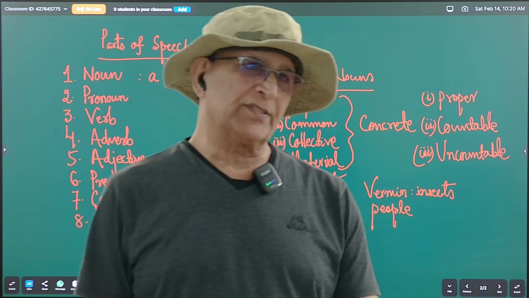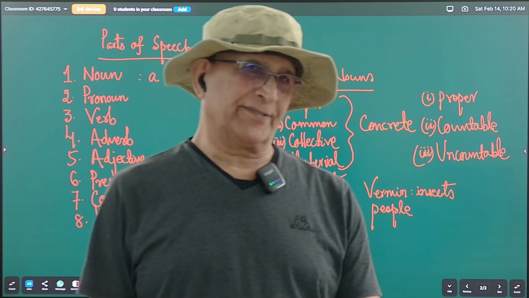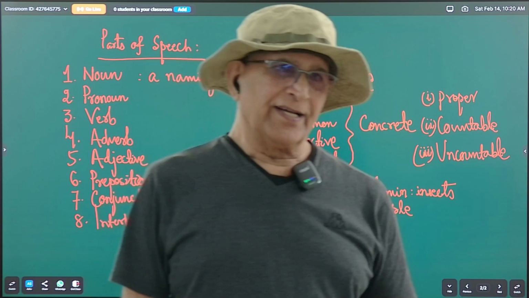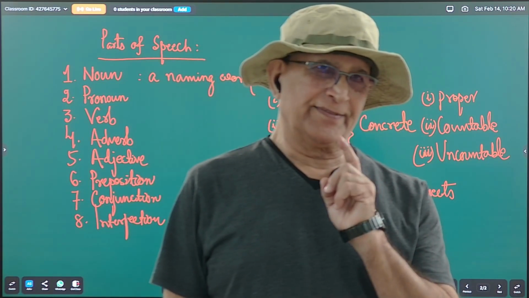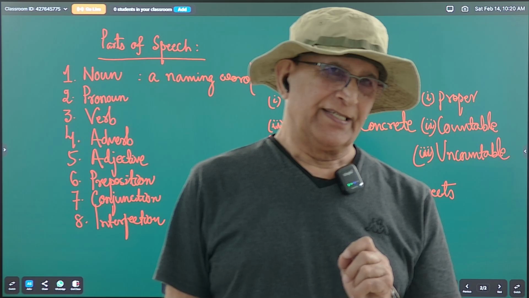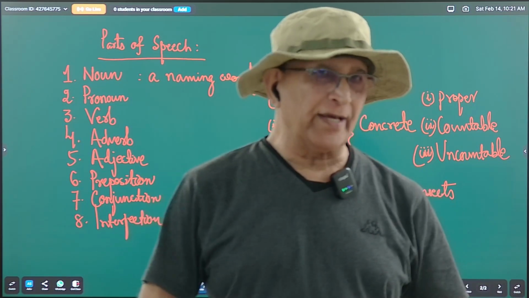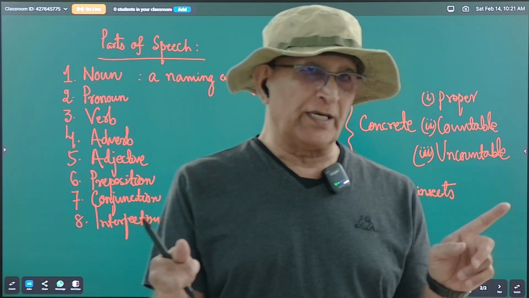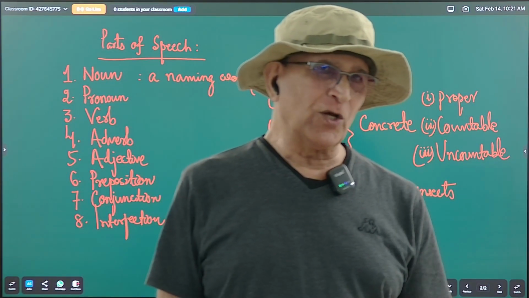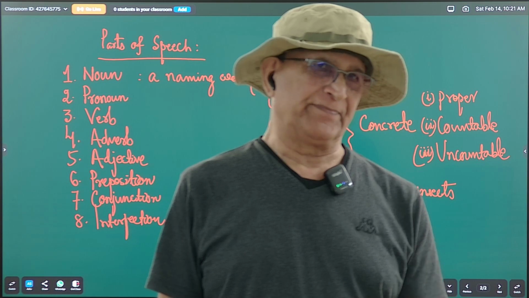So trousers, jeans, shirts. I'm wearing glasses. It is always glasses, not glass. It means all the dress items that you wear having two parts always are used in plural form.